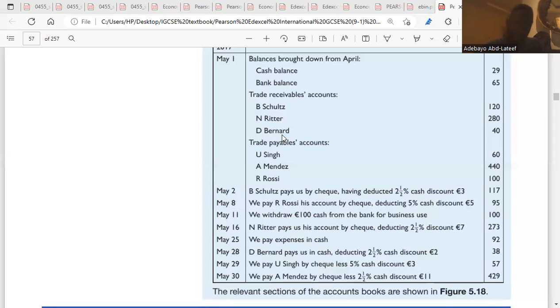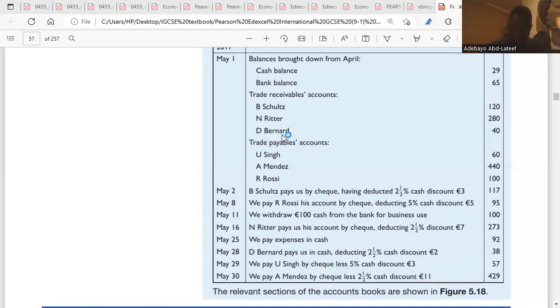No, Usign is a supplier, so it is discount received. So we're going to have discount received on the debit side and the amount payable to Usign on the debit side. So that will make up the 60 euros for the debit side. The balance on the credit side is also 60 euros.